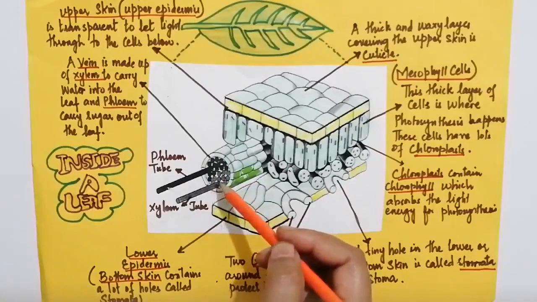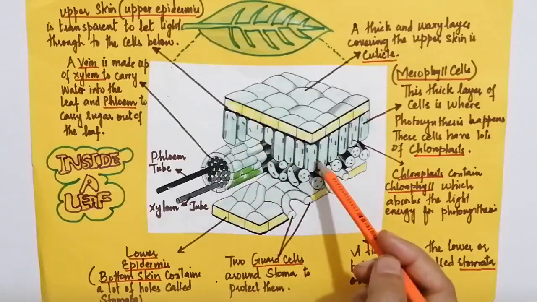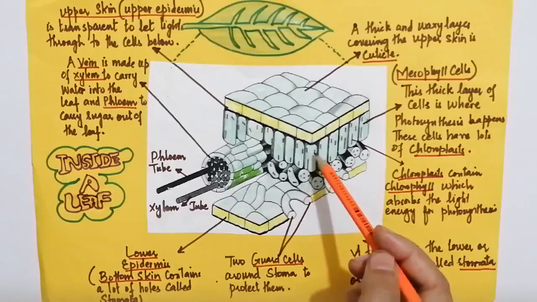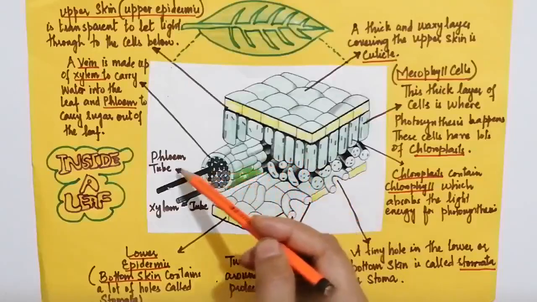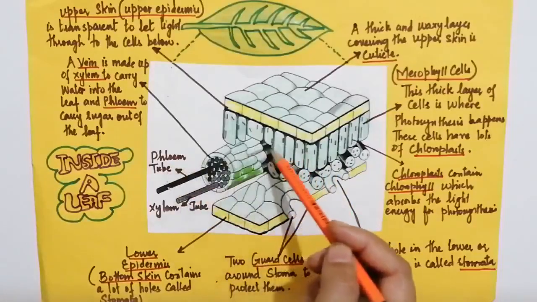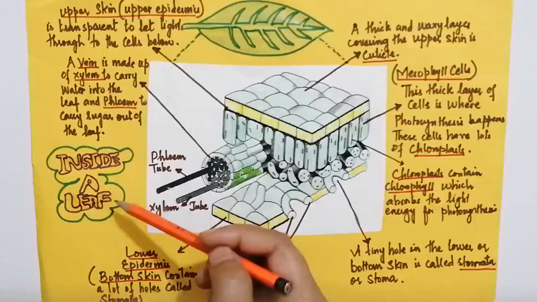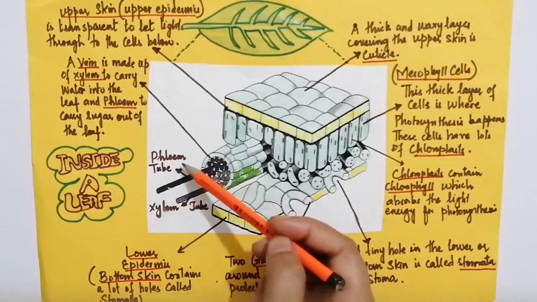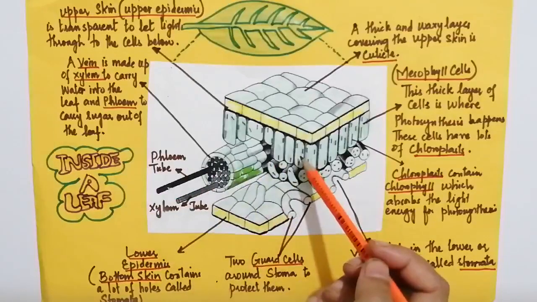Actually, the food is prepared in the leaves, in the mesophyll cells, from where the food is transported through the phloem tubes from the leaves to the various parts of the plant, and this food is prepared in the leaf in the form of sugar. That is, the food of the plant is called sugar.